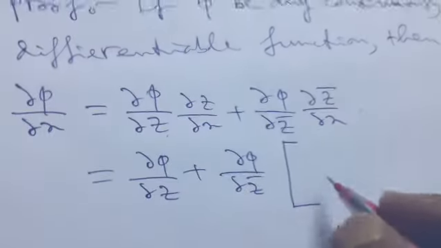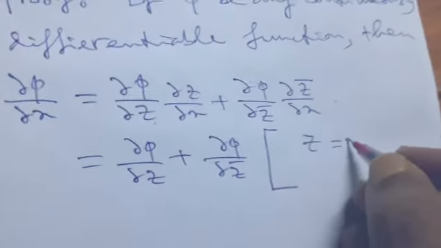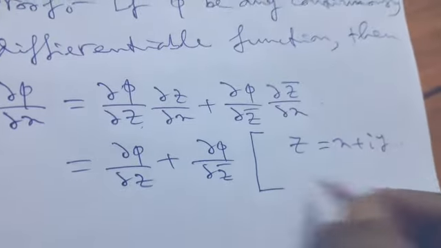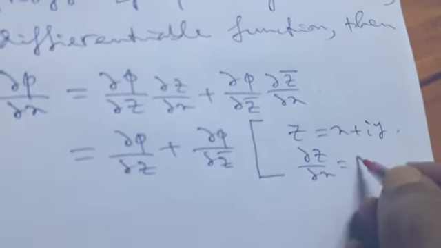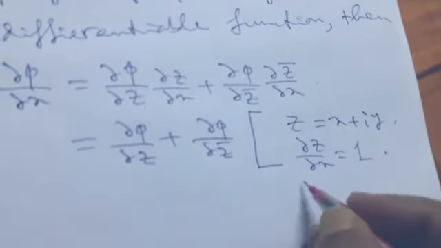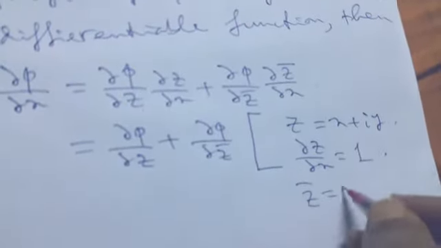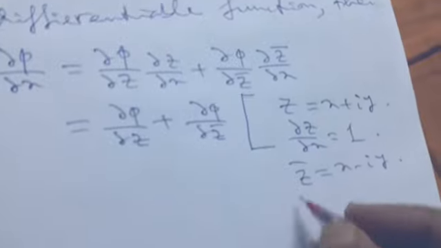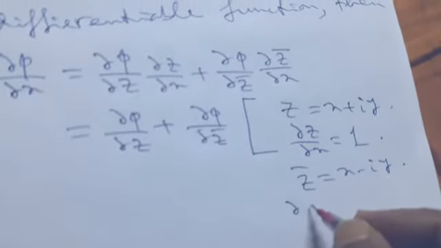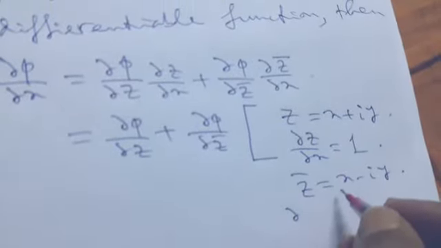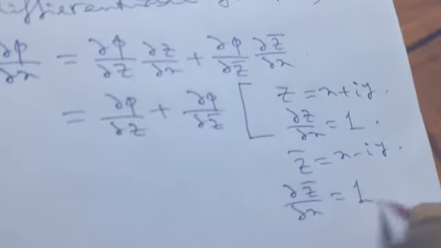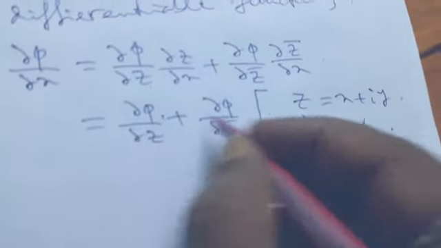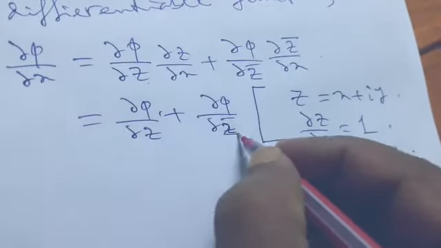Why do these things happen? Because z equals x plus iy, so del z del x will be 1, and if we consider z bar equals x minus iy, then del z bar del x is also 1. So in this way this result is multiplied by 1.